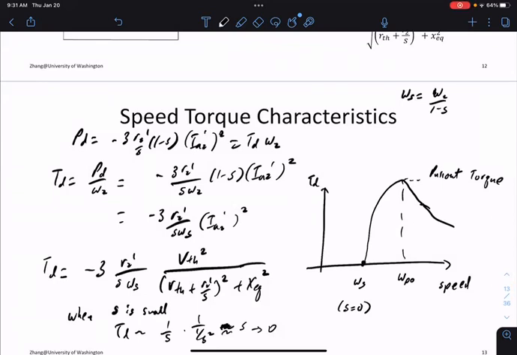So your operating region is actually quite narrow. You want to be above synchronous speed, but not too close to the pull out torque, for stability reasons. Any questions?